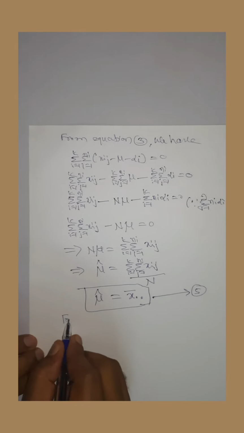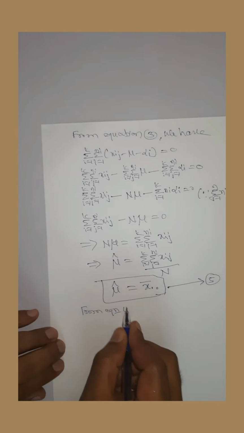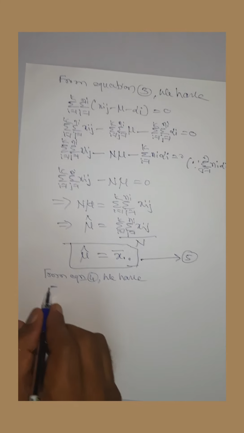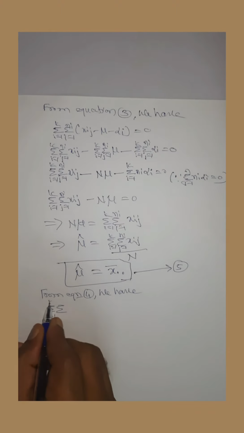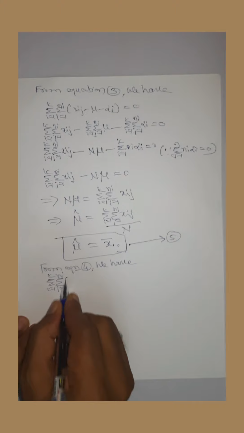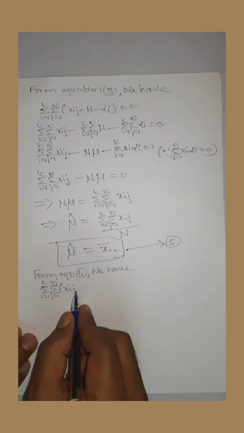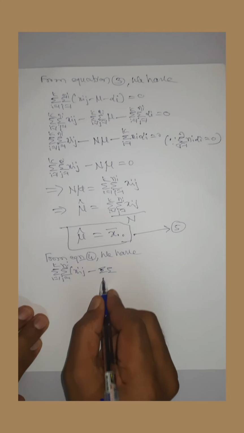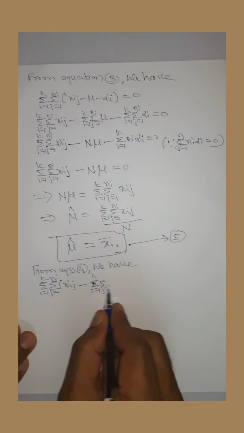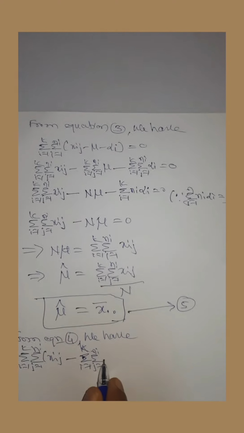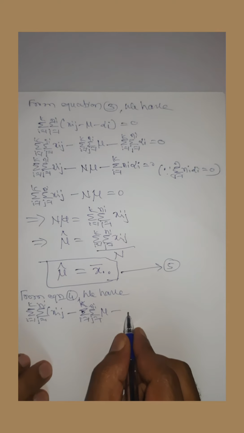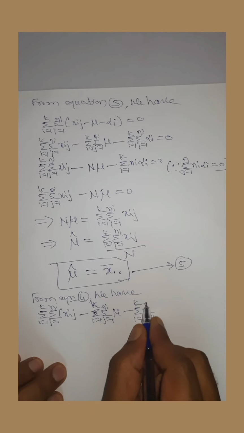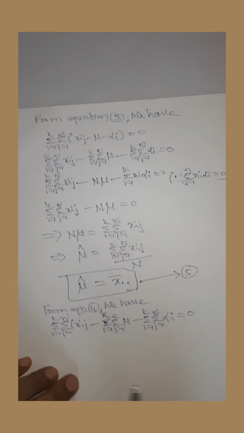Similarly, from equation 4, we have double summation i equals 1 to k, j equals 1 to ni, xij minus double summation i equals 1 to k, j equals 1 to ni, mu minus double summation i equals 1 to k, j equals 1 to ni, alpha i is equal to 0.